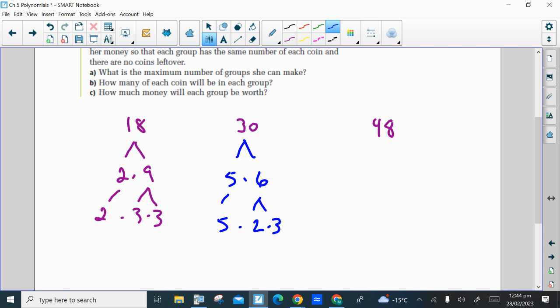So Princess said, what about 10 times 3? Well, that will work because 10 is 5 times 2 times the 3. So it doesn't matter. You're going to get the same 3 numbers on the bottom no matter what you start with at the top. So do 48 on your own. Break it down to a product of its prime factors, and then we'll check it.